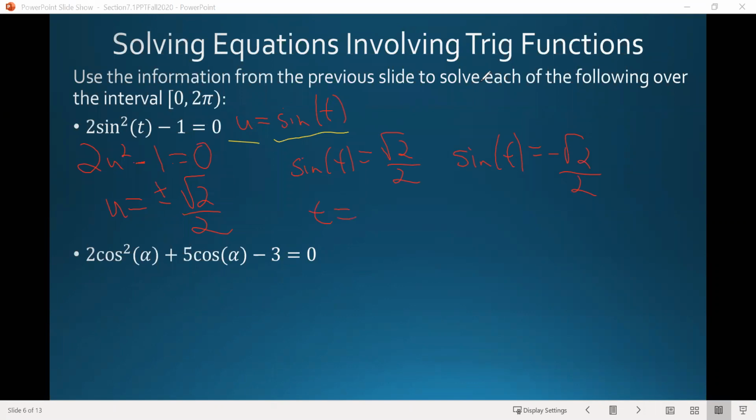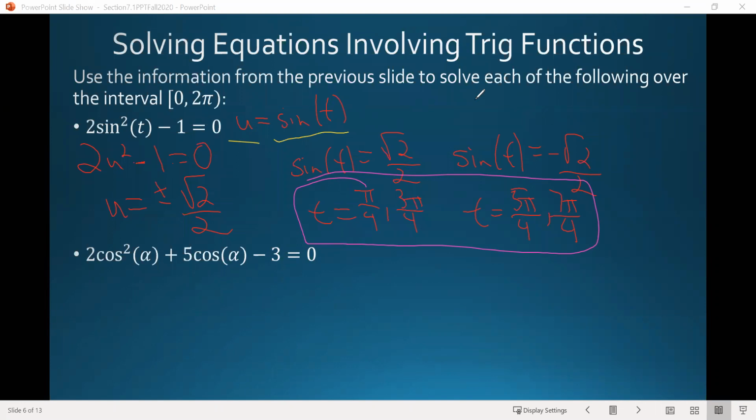And if we solve these on the unit circle, we know sine is equal to root 2 over 2 in 2 different places at pi over 4, 3 pi over 4. And then we know that sine is equal to negative root 2 over 2 in the third and the fourth quadrant at 5 pi over 4 and 7 pi over 4. And there are our answers. So we end up with pi over 4, 3 pi over 4, 5 pi over 4, 7 pi over 4. So basically all the over 4 angles from the unit circle.